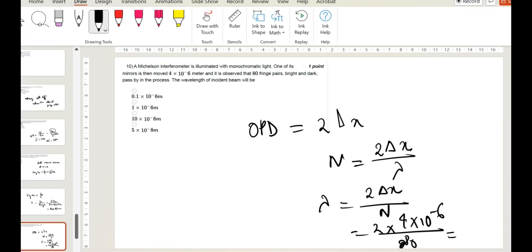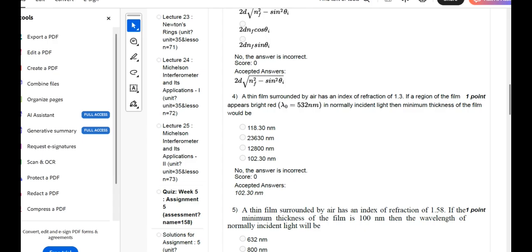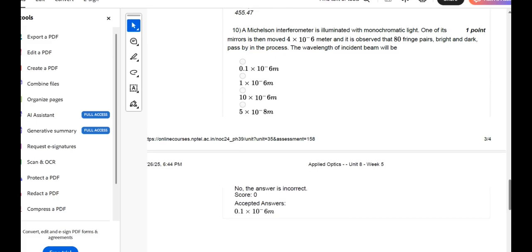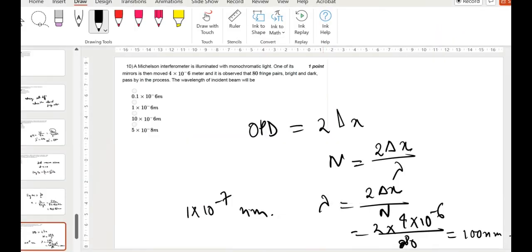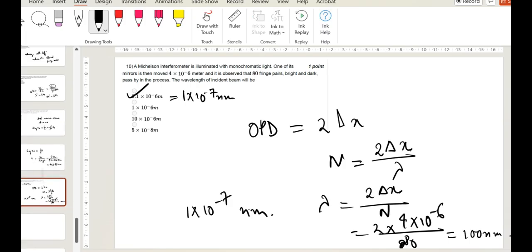So this will give me 100 nanometer. So that is 1 into 10 to the power minus 7 meter basically. So this is the answer.